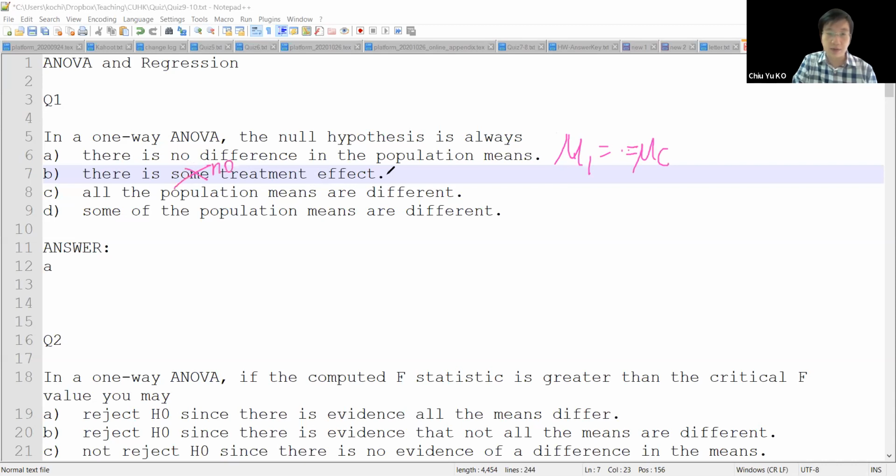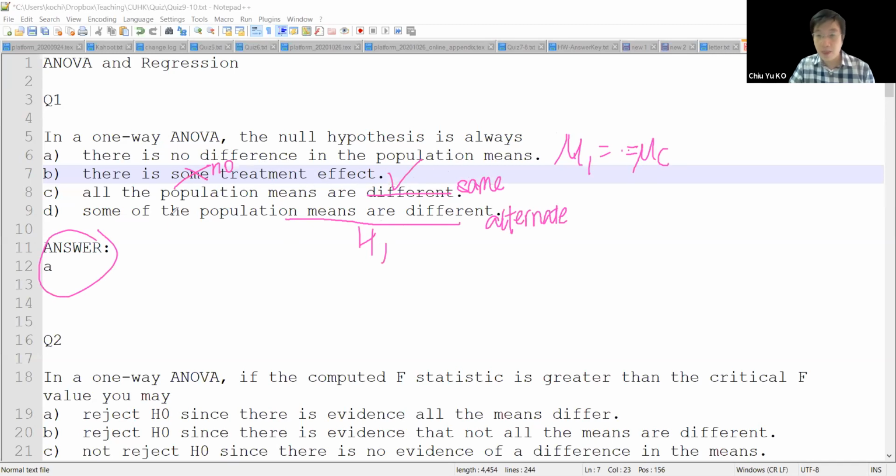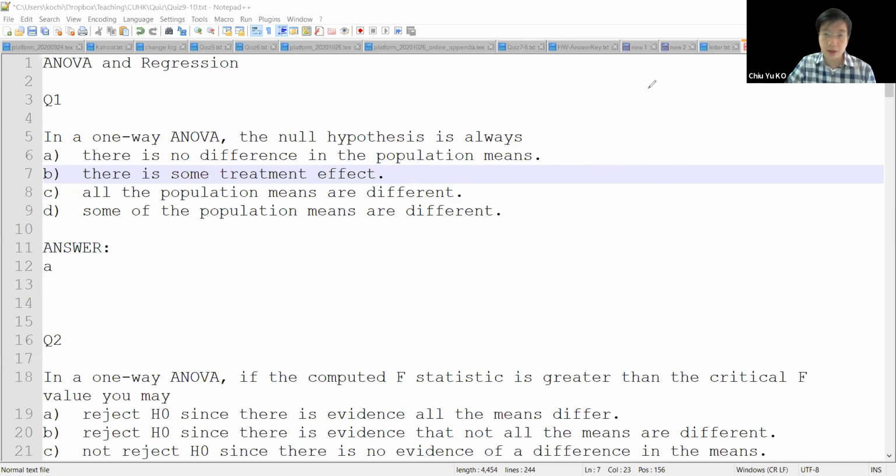All the same is the null hypothesis; not all the same, that some are different, is the alternative, H1. So this is A. I hope that is clear. Any question?